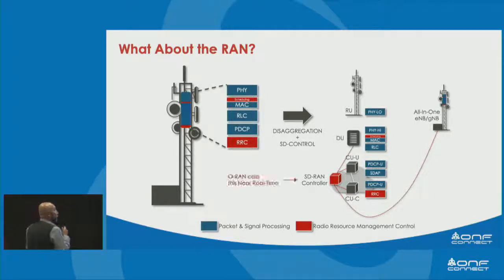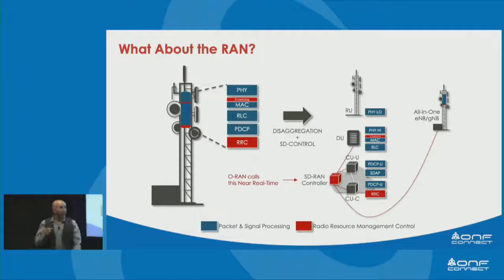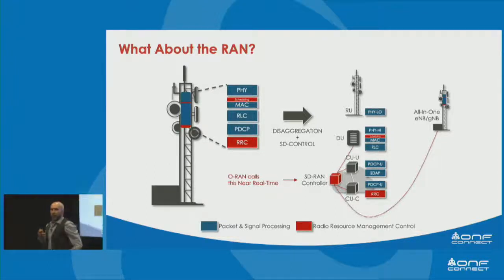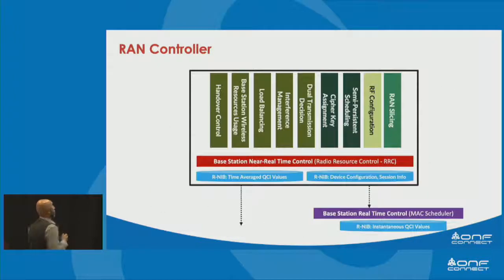But here, we call this the near real time, right? And this is logically centralized, and it sits at the edge. But there's this component here as well. So for my purposes, I'd like to call this real time. So the RAN controller then will look something like this.